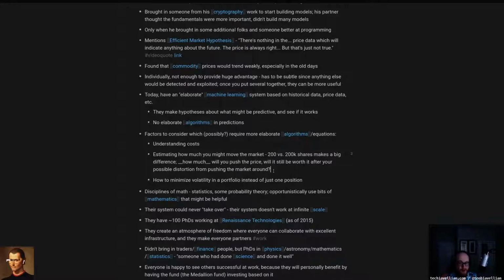I don't know that much about their strategy, but that's at least my perception of it. And so he's mentioning how they're limited in how much capital they can actually deploy in this strategy because it wouldn't work with infinite amounts of money.